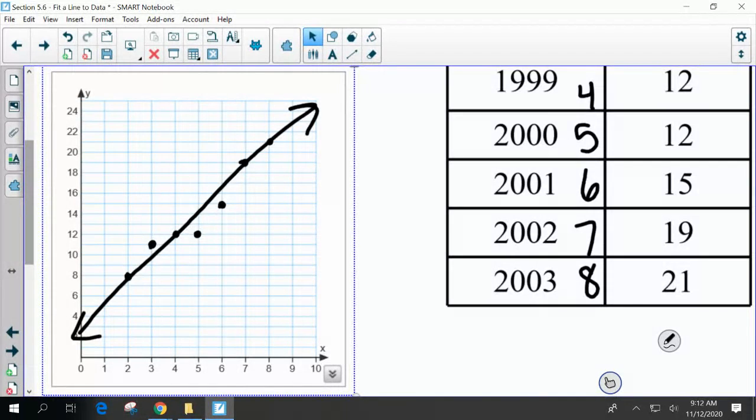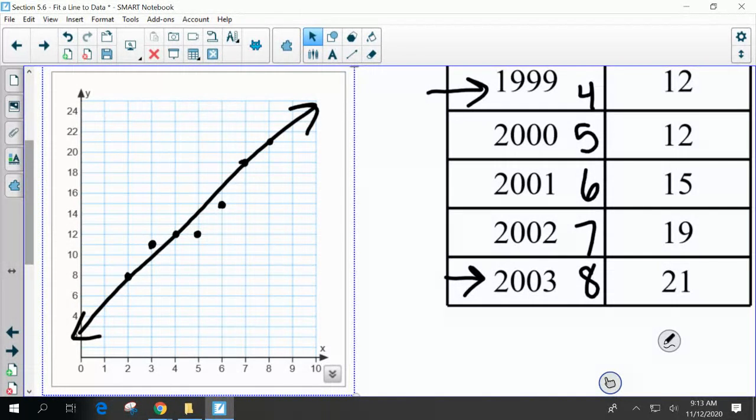Okay, so I'm going to pick 2 points and find the slope. I actually happen to go through a few of my data points. So I went through this point right here, it looks like, and this point right here. So I can find the slope between those two.